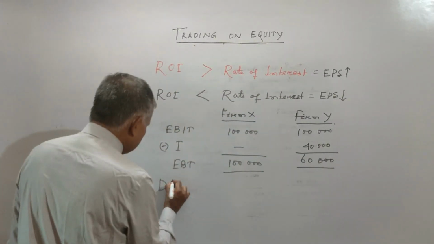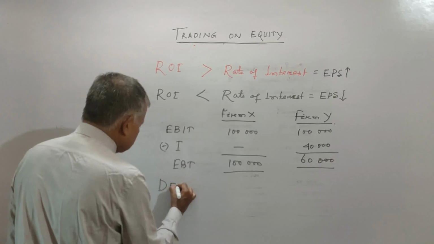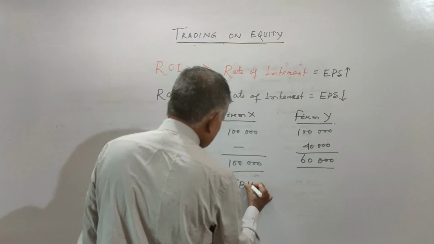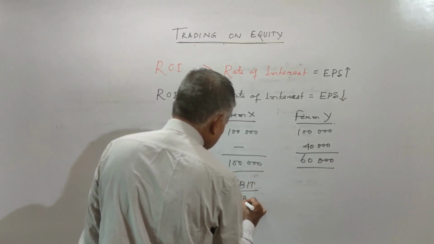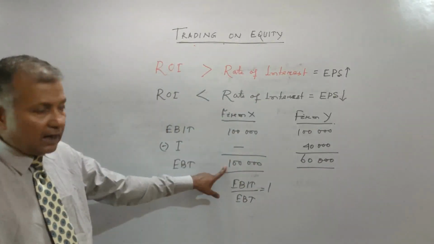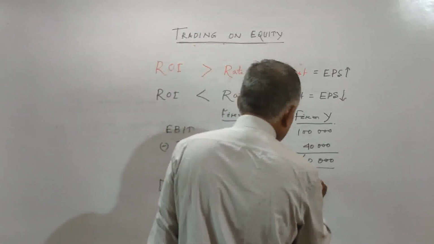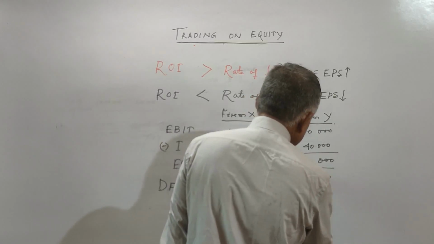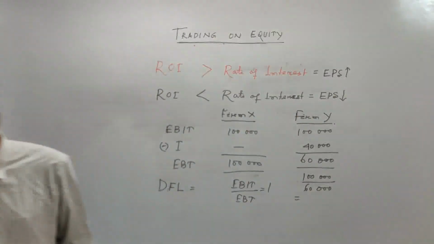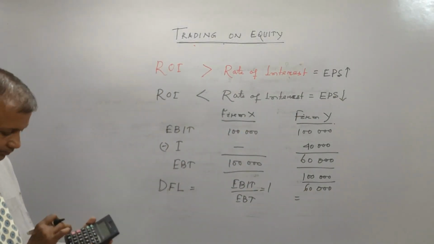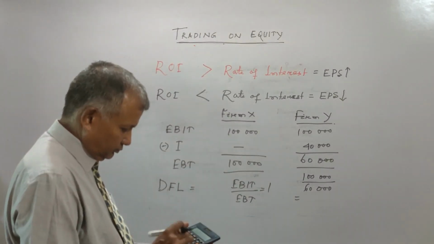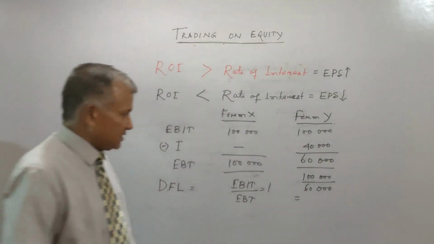Now if we calculate the degree of financial leverage, it is EBIT divided by EBT. So 1 lakh divided by 1 lakh will be 1. Here it is 1 lakh by 60,000, which will be 1.67.